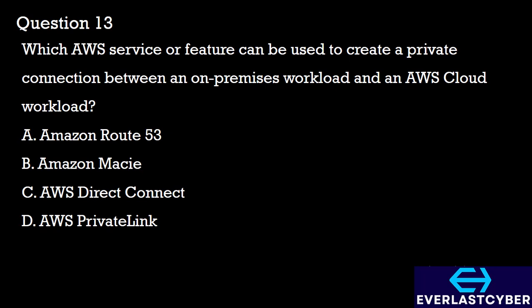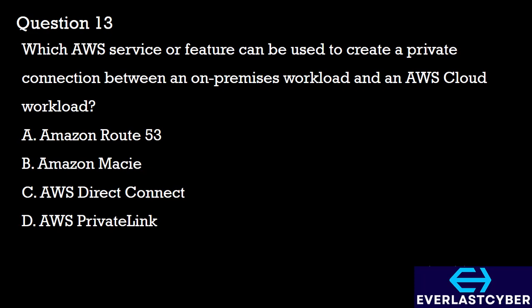AWS Direct Connect is a network service that provides a dedicated private connection between your on-premises infrastructure and AWS. AWS PrivateLink enables private connectivity between VPCs and AWS services without exposing the traffic to the public internet, but it primarily connects VPCs and services within AWS rather than providing a connection from on-premises environments.